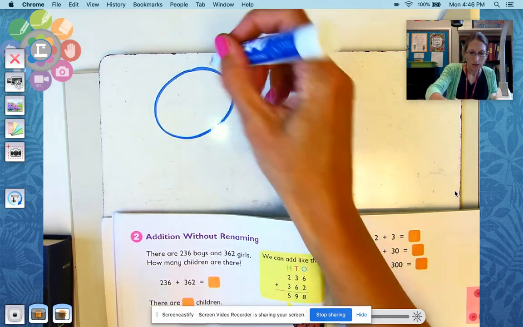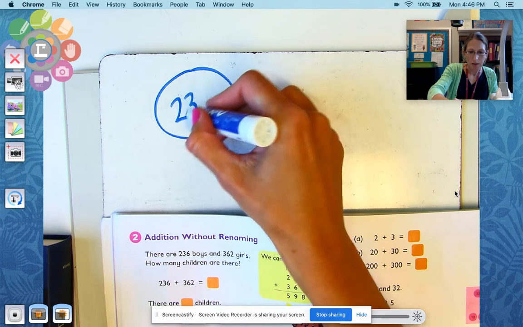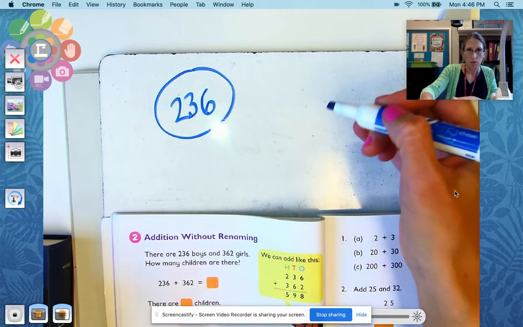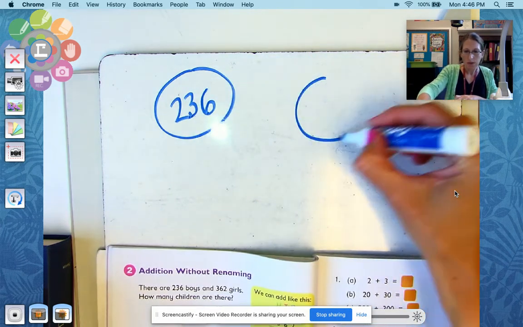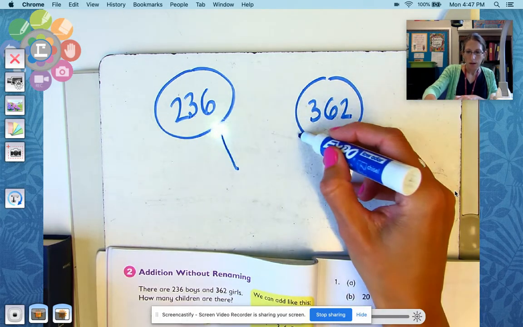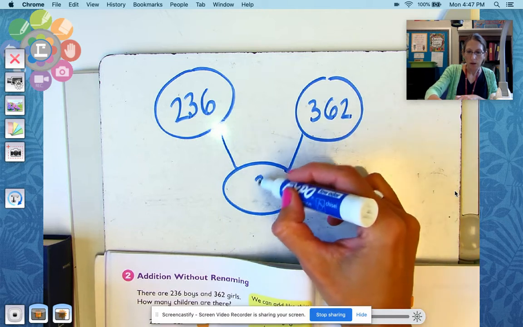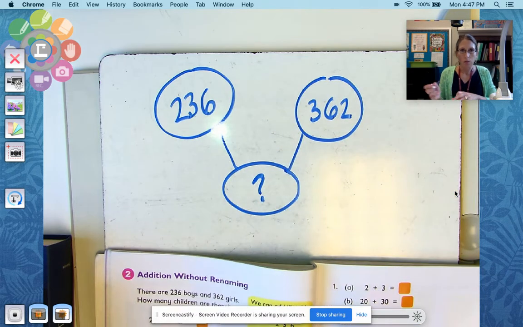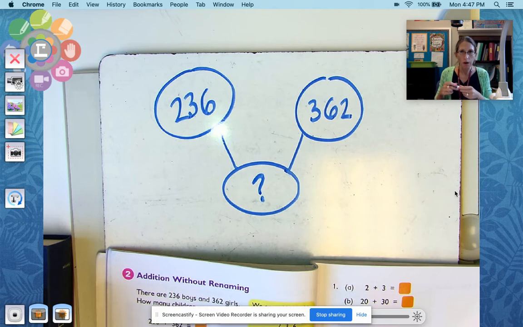So if we wanted to think of it as a number bond, there would be 236 boys, 362 girls, and then we are trying to find out our whole number. In other words, just how many children are there?